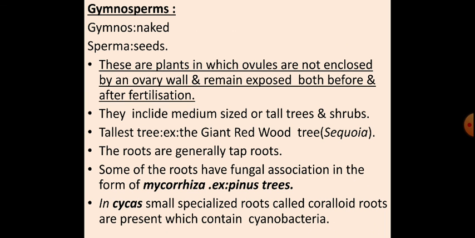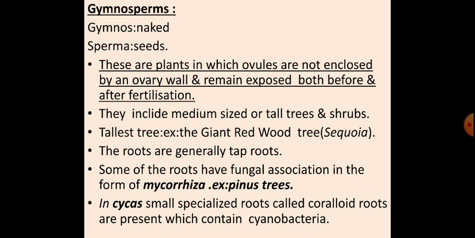So altogether, gymnosperms means naked seeds. I'll say why. Naked seed means these are plants in which ovules are not covered by an ovary and they remain exposed before and after fertilization. So they are called naked seed. This is a seed giving plant.